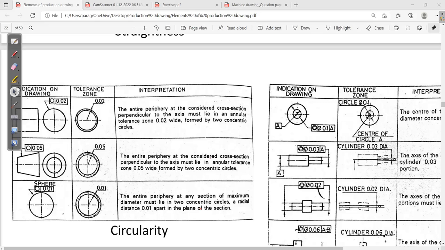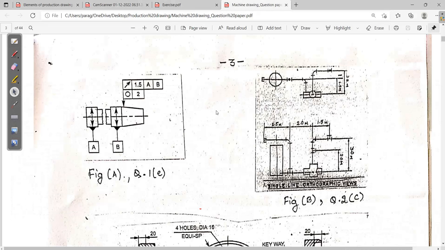Now in this case, how will you frame that? Here the circle is there, and this one is there. So in this case, datum is not required. No name is given, so this feature's circularity we have to check.